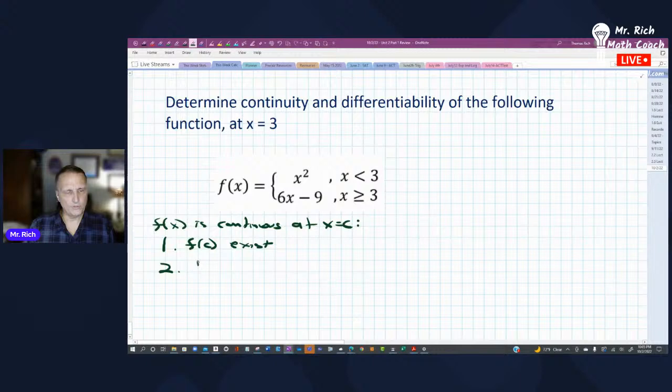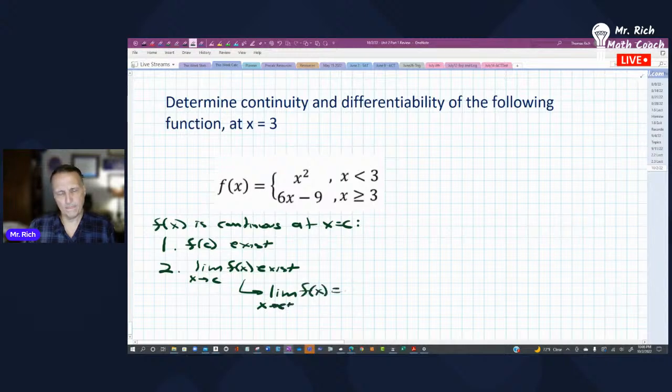Number 2, the limit must exist of f of x as you approach c, which really also means another statement that we can say: the limit exists. Now, for the limit to exist, what has to be true is the limit as you approach c from the right must be the same as the limit as you approach c from the left.